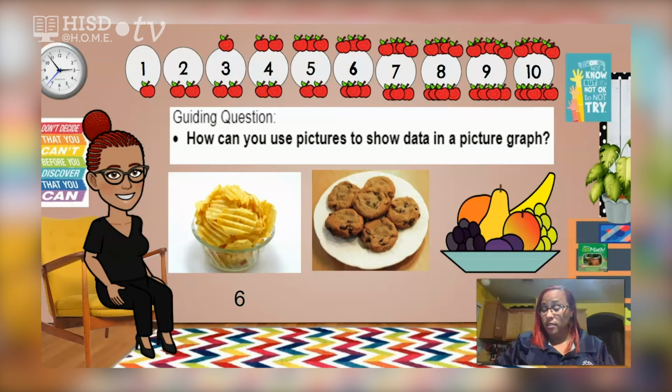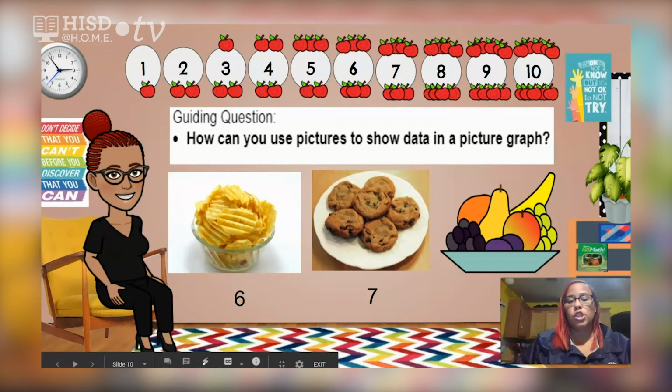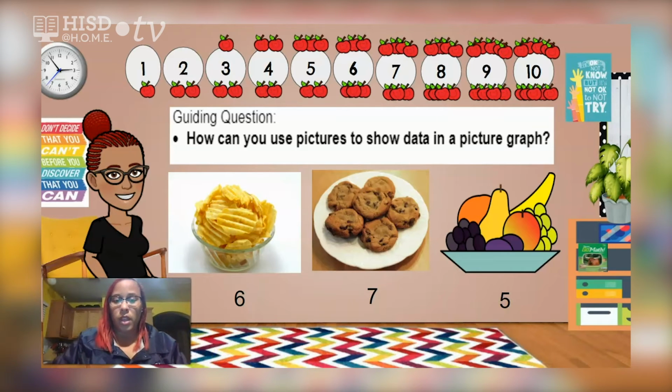Which one is your favorite snack? 7 of the students chose cookies as their favorite snack. 5 of the students chose fruit as their favorite snack. 6 students chose chips. 7 students chose cookies.